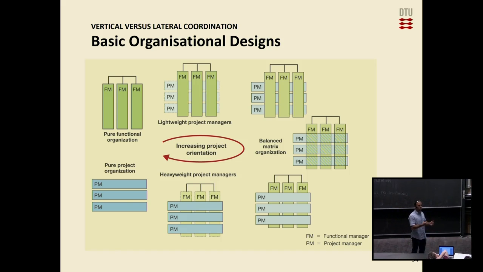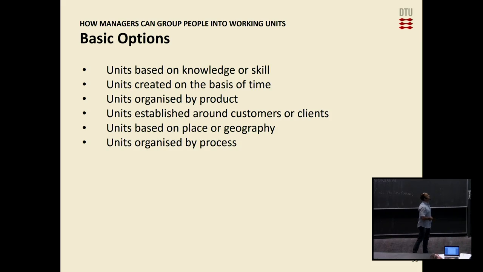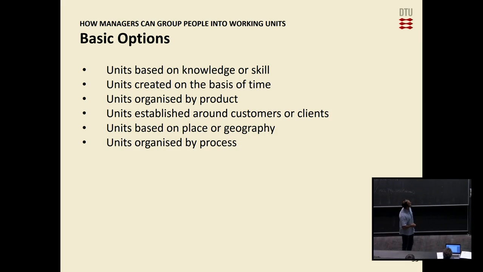And that's where we come in as engineers, trying to analyze the situation and come up with, oh, it's going to be like that. But there are these basic options. We can make our units based on knowledge, or we could use geography or base them on time.